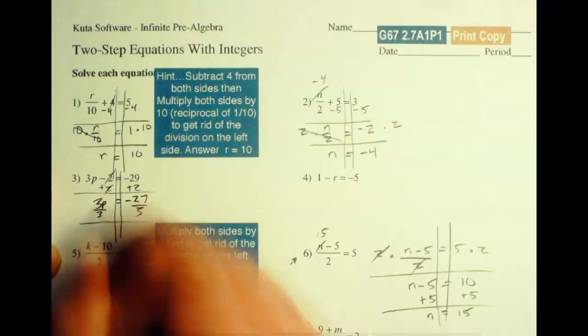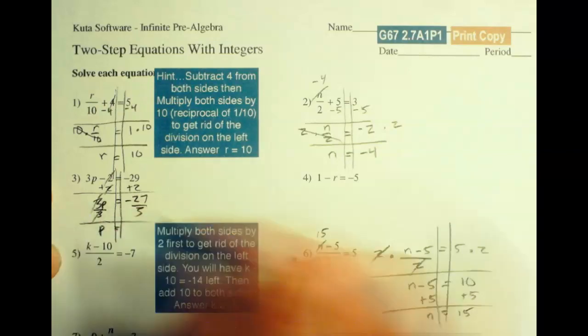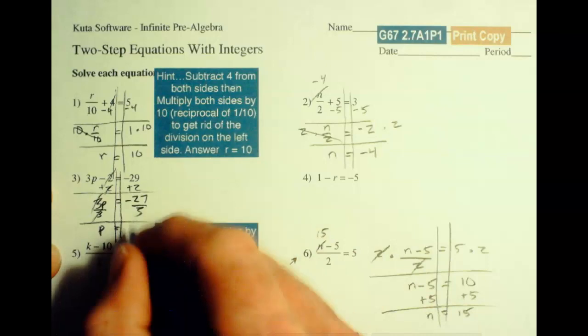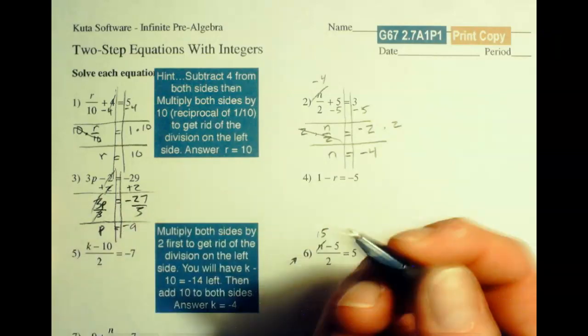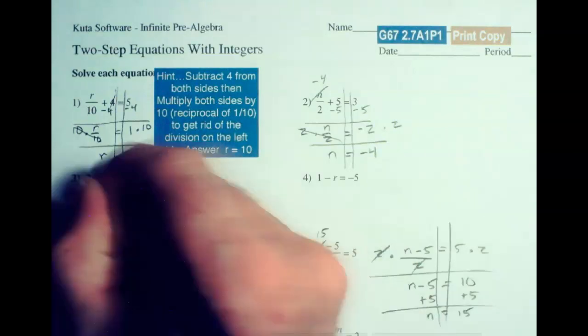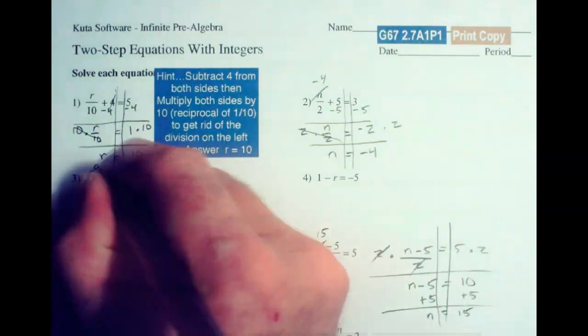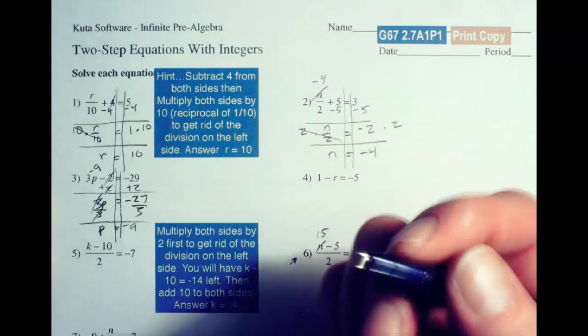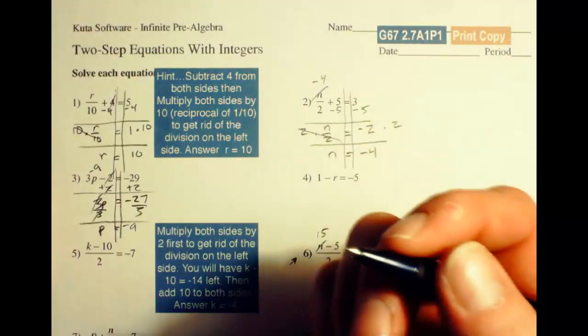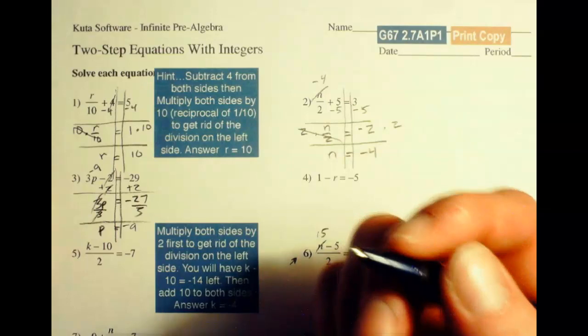The 3's cross off. I've got p equals, well, 27 divided by 3 is 9, and it's got to be a negative 9, right? Because there's one negative symbol. So let's just see if it works. 3 times a negative 9 is a negative 27 minus 2. Well, those are the same signs, so you add them together. That is a negative 29.